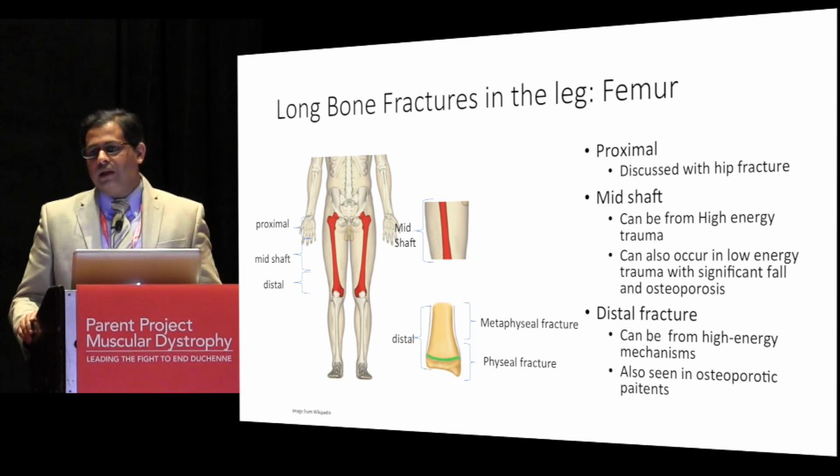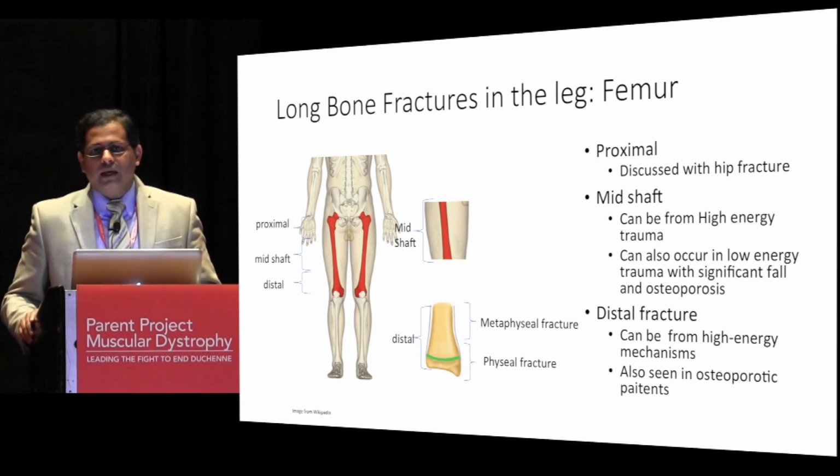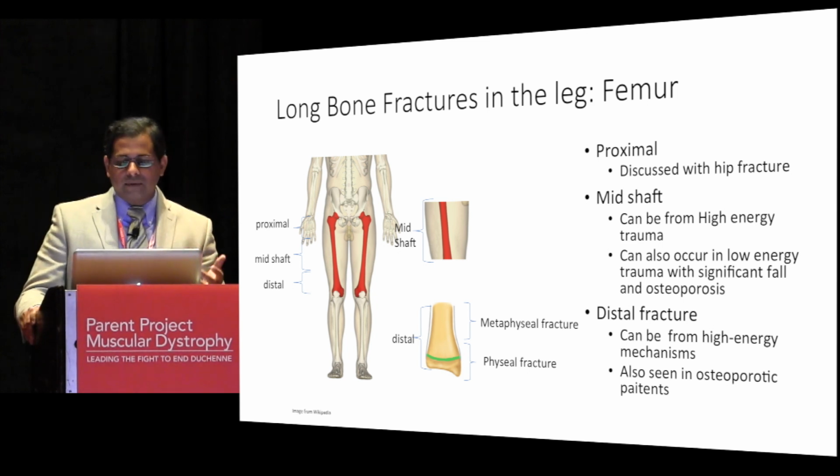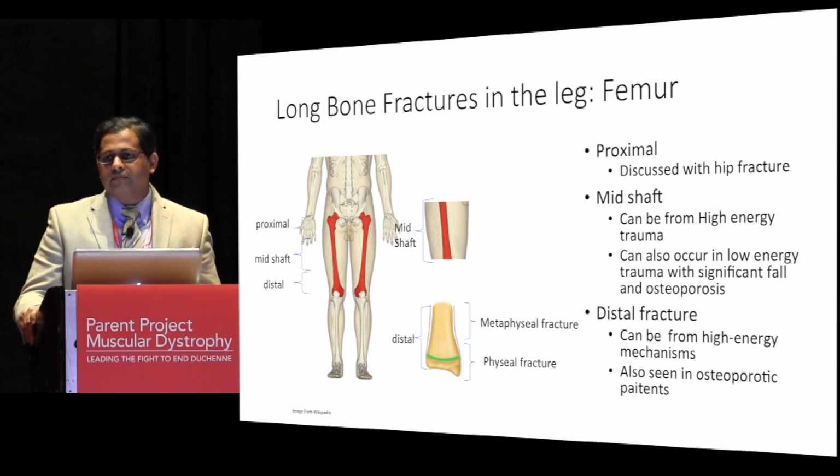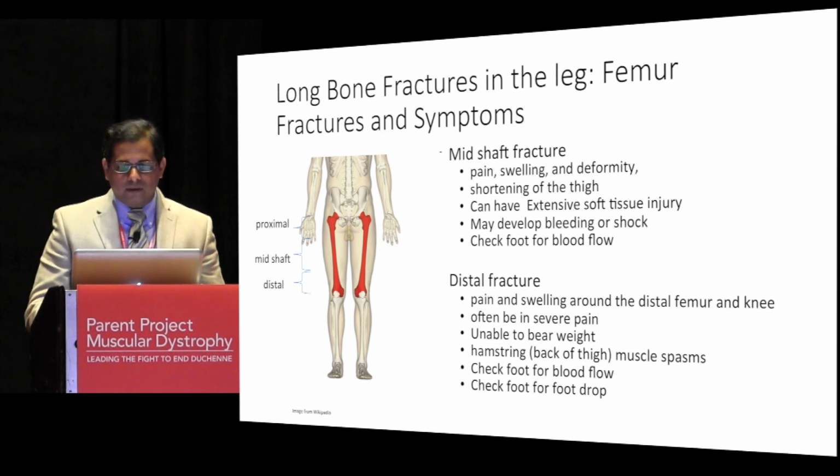But you can also see it in osteoporotic patients. And in particular, this is of some comment that we'll talk about later in the future. But people, especially if they're immobilized and they're sitting in a wheelchair, they tend to have some more weakness over there. So that's what tends to happen. So it's something to be looking out for.